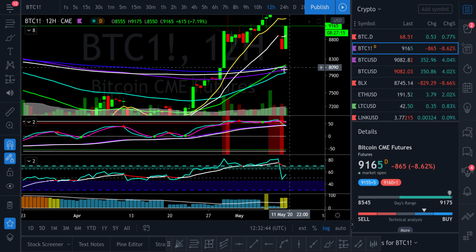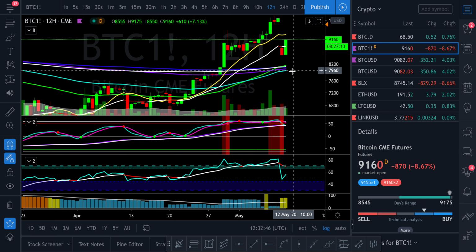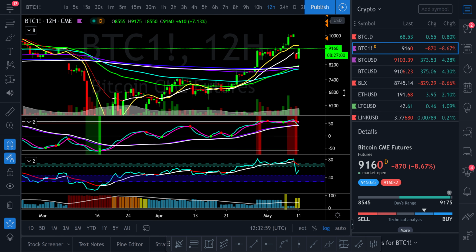The only thing I don't like about it is I like to see a test down into the 55. So the fact that it didn't get down there, maybe it's like a gap fill and then immediate test back down. But it reminds me of the S&P 500.